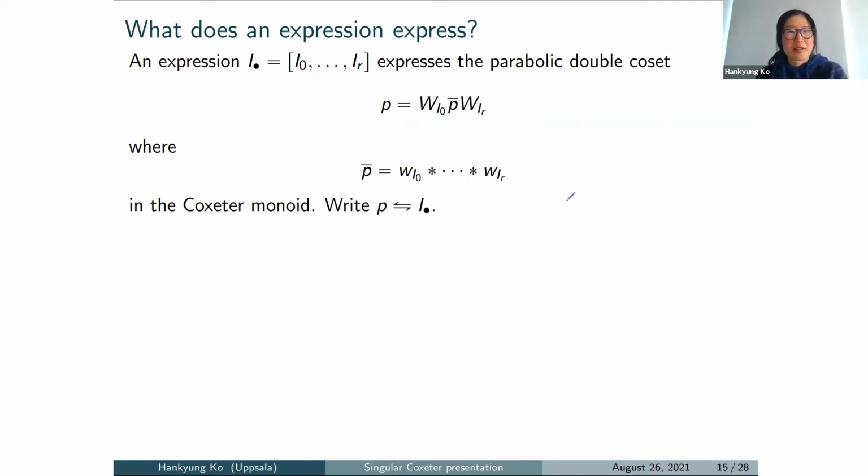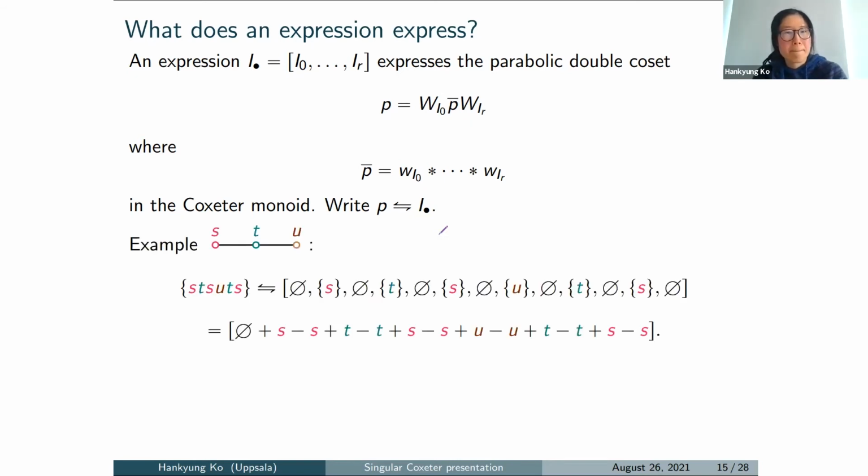And when we have an expression, I will use this symbol to say that the expression expresses P, and I use it in both directions. So this is my notation.